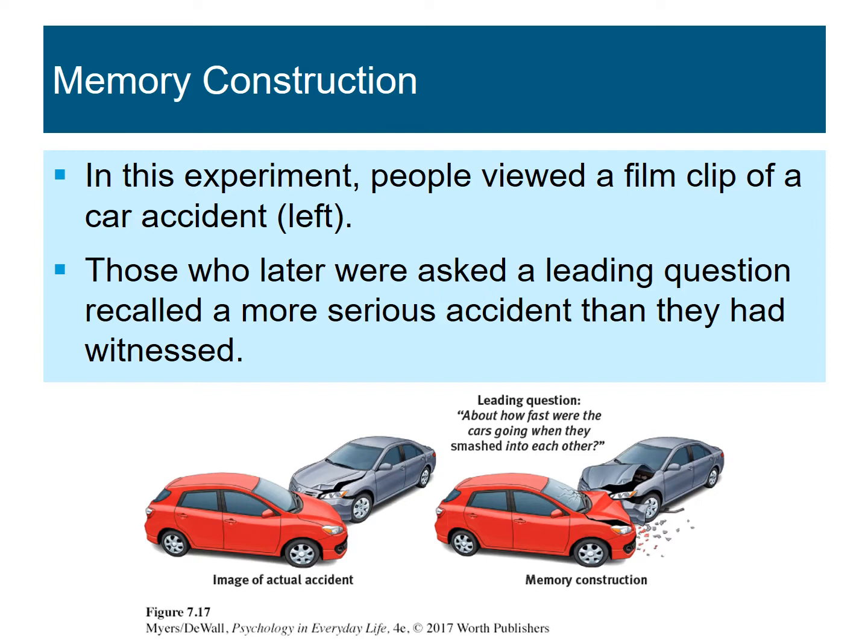So the question, it's actually right here on the slide, is how fast were the cars going when they smashed into each other, which primed them to think about, wow, they were going pretty fast, so they were pretty smashed. So people in the experiment were more likely to recall what they saw as being more severe than it was.